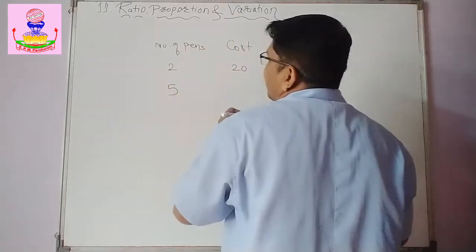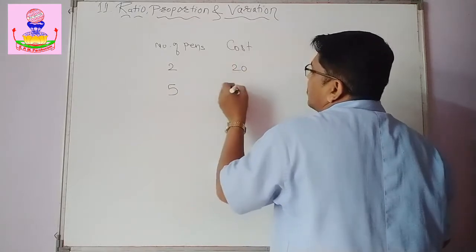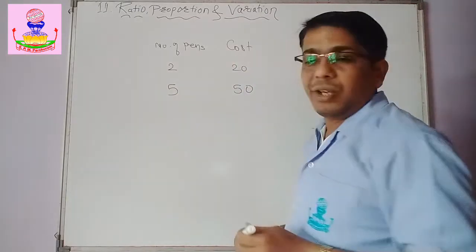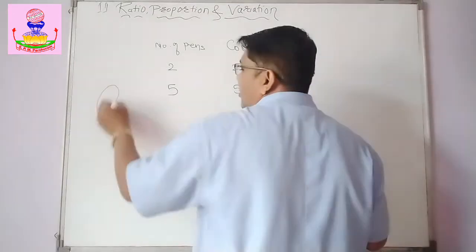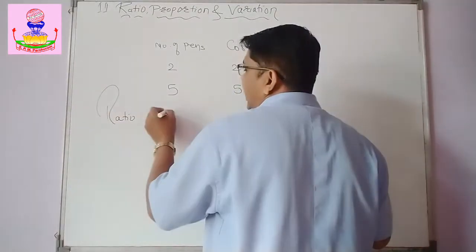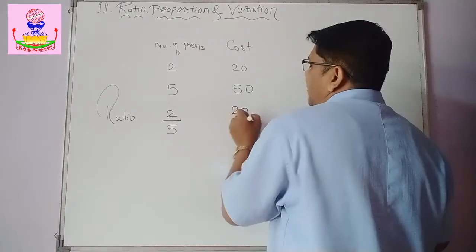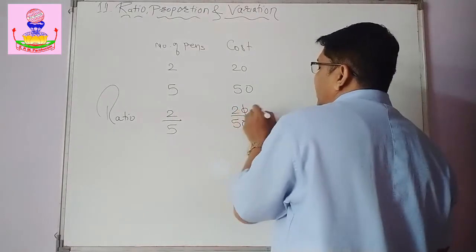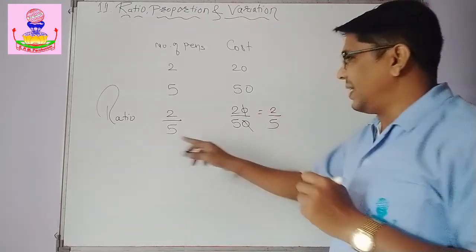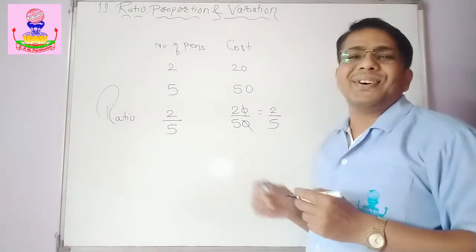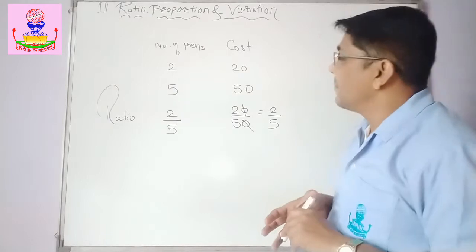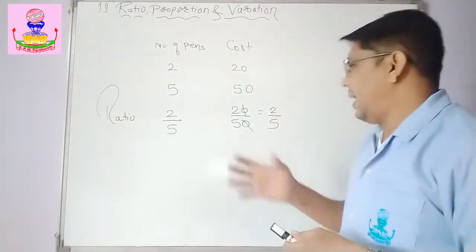Then the number of pens became 5, and the cost was 50. The ratio is always constant in direct variation. So 2 upon 5, and here 20 upon 50, if I reduce them, what do I get? 2 upon 5. So you can see the ratio is always constant. Do you understand what happens?